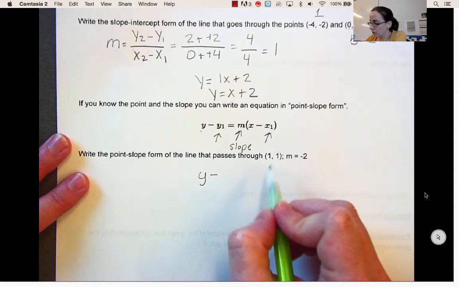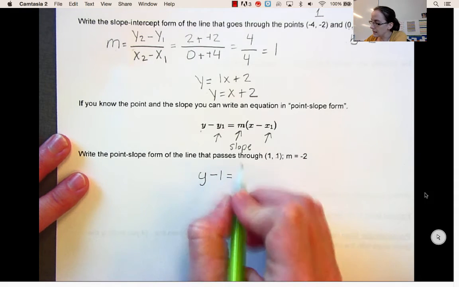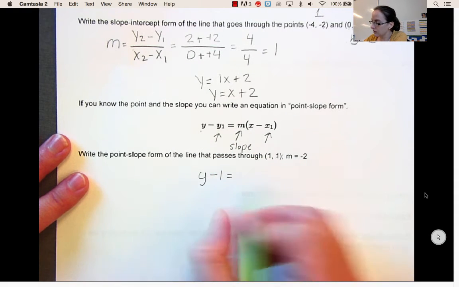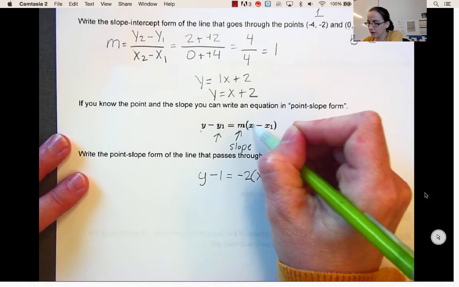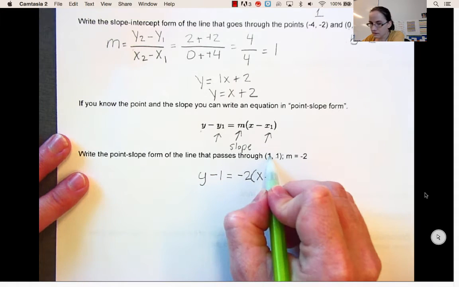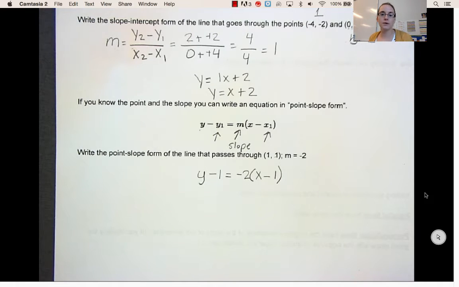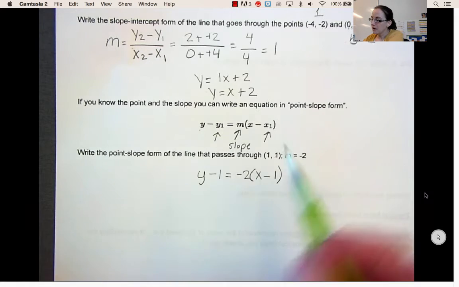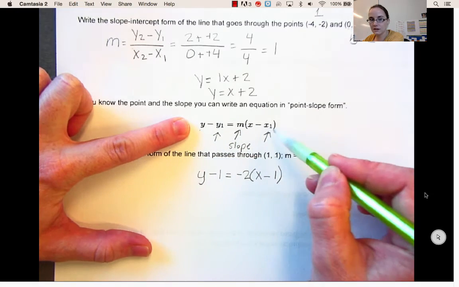Minus y sub 1 is 1, equals m, the slope is negative 2, times x, you don't plug anything in, it stays as x, minus x sub 1. And you leave it. You do not simplify, because if you simplify, then you are putting it into a different form. If it's asking for point-slope form, they want you to write it exactly in this format.